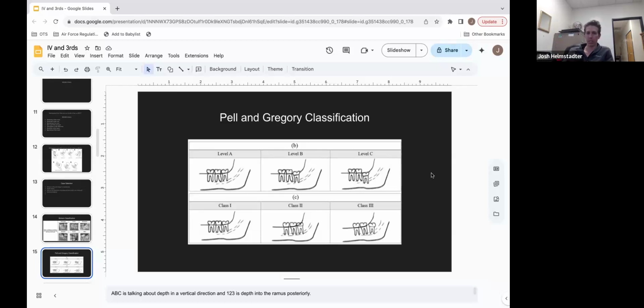As you can see from the picture, class 3 is pretty much embedded in the ramus, whereas in class 1, you can see all aspects of the tooth anterior to the ramus. So I sit in the level B class 2 range most of the time. Occasionally I'll venture into the level C, but rarely into class 3. That is out of my comfort zone, and so that's when I tend to refer.